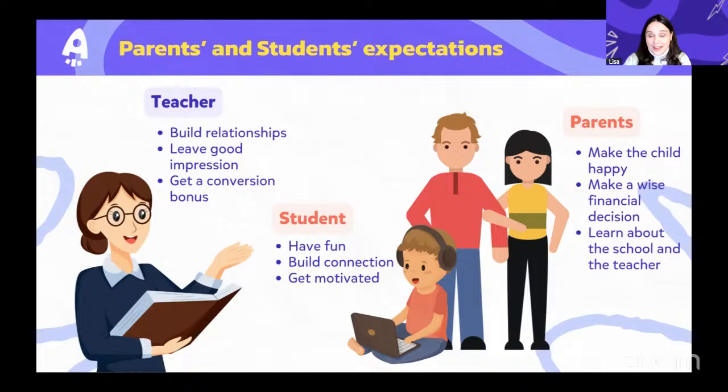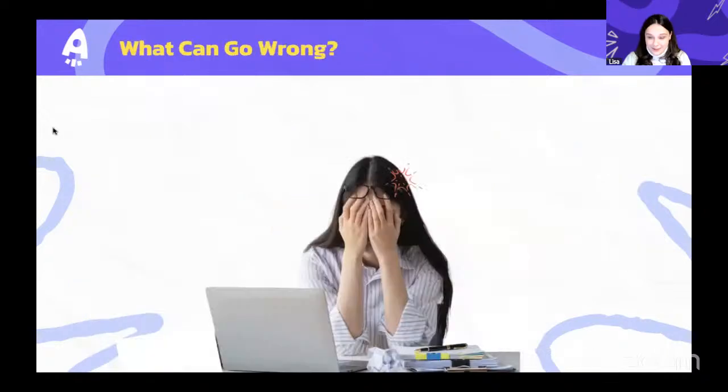But can you imagine the kid, and it can be their very first English lesson in their life. They have no idea what is about to happen. Everybody is stressed, but everybody wants to have fun. So it's quite hard. And something can definitely go wrong. So what can go wrong?